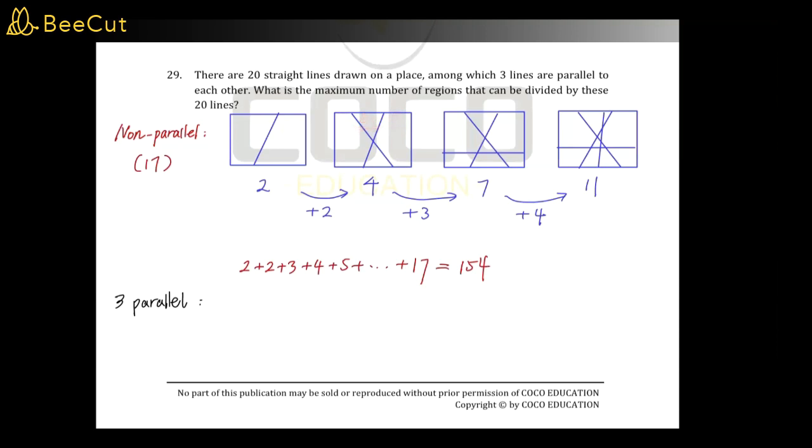And if we intersect with 3 lines, it will introduce 4 new regions. This one intersects with 17 lines here, so each of them gives us 18 new regions. This is 18 times 3, another 54 regions. So we add them together. Total is 154 plus 54 equals 208.